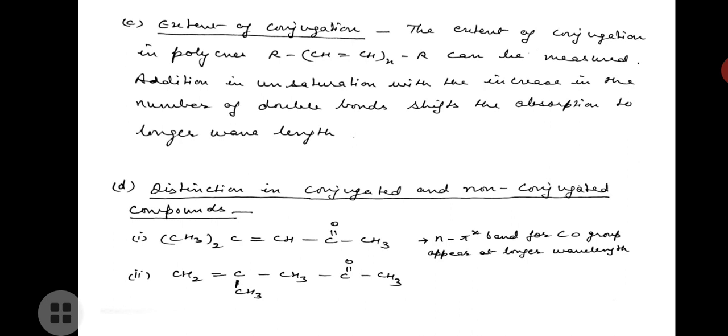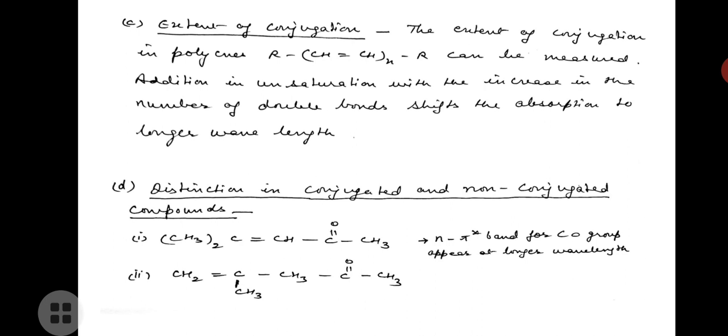The following isomers can be readily distinguished since one is conjugated and the other is not. So here the structures of both the isomers are written, and you can see the first one is conjugated and the second one is non-conjugated.